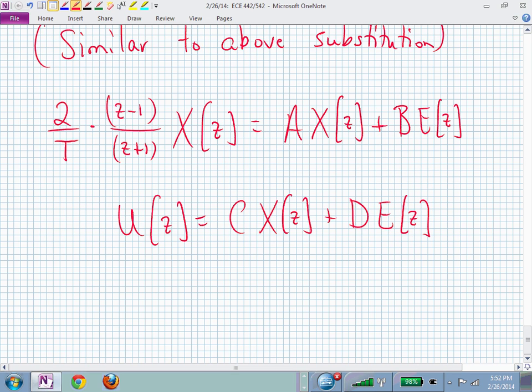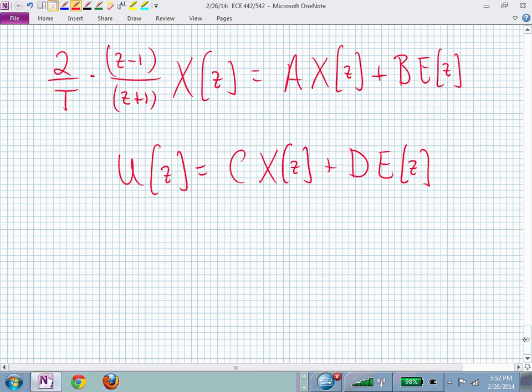Now, let's push this. I'll do it in stages. Let's clean this up and stay in the frequency domain. Let's scale everything by capital T over 2, and let's scale everything by z plus 1. Meaning, we now have on the left-hand side z times X of z minus capital X of z.